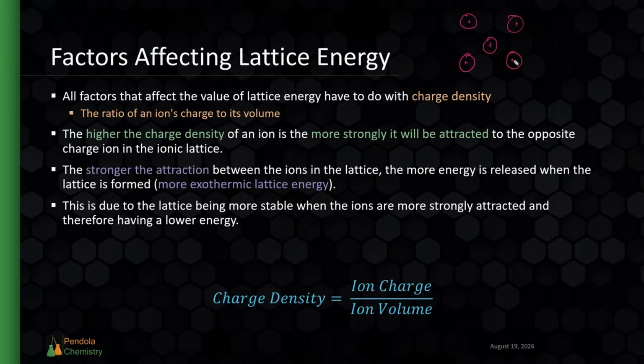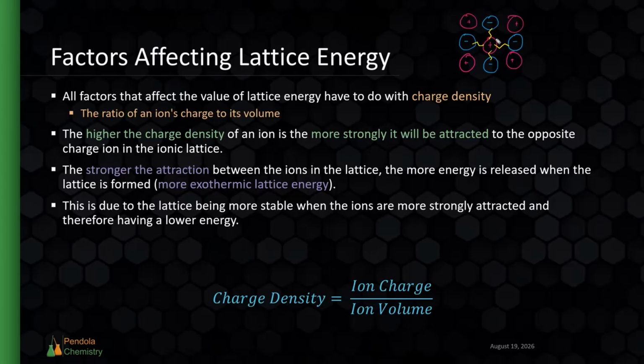So positive ions here, we have our negative ions. And when we talk about the lattice energy, we are talking about the creation of this lattice, and therefore the creation of the forces of attraction between these positive and negative ions.